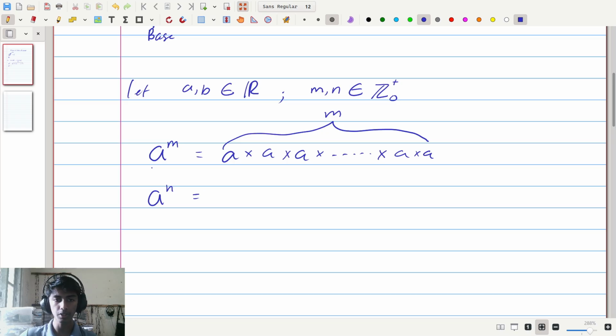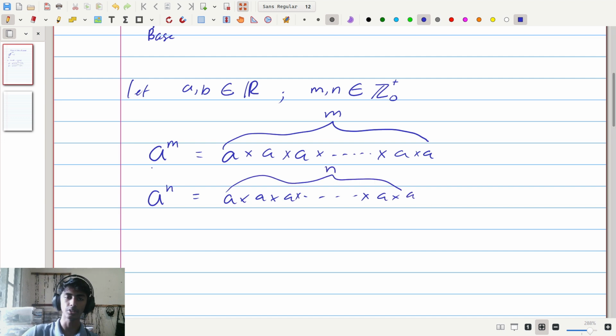If we consider a to the n, this is a times a, so many a's, and here we have n a's. So a to the m means we have m a's multiplied together, and a to the n gives us n a's all multiplied together.